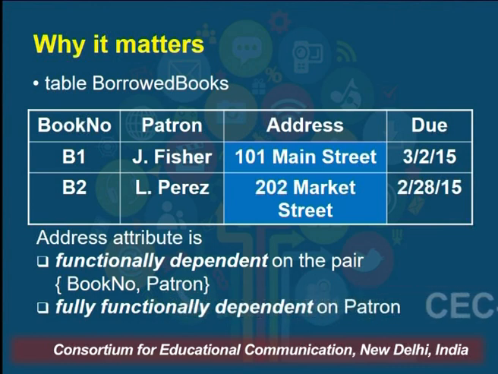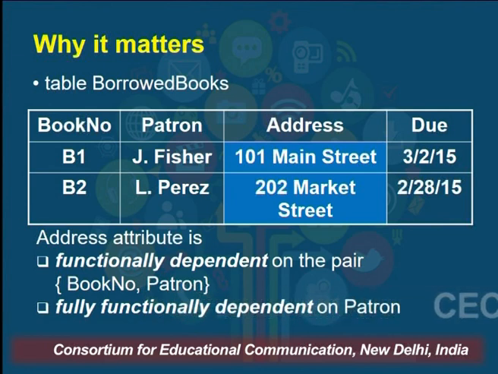So, address is still functionally dependent on the patron, and now we cannot take any further subset of the patron on which the address can be functionally dependent. So, as we have got the smallest subset, we can say my address attribute is fully functionally dependent on the patron.